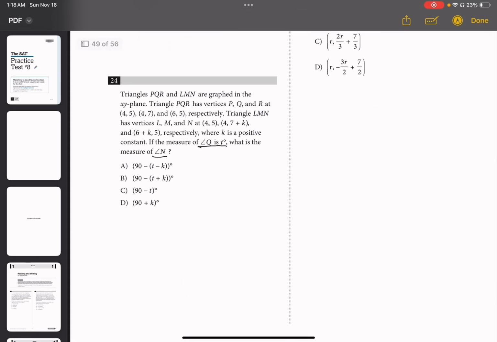Okay, so a very wordy problem. Let's just draw this out so we can visualize it. So we have our plane here. We're going to draw triangle PQR out first. So we know the points they're at. It's (4, 5).